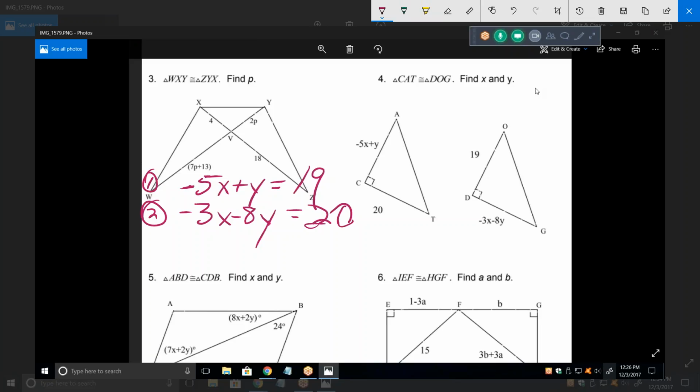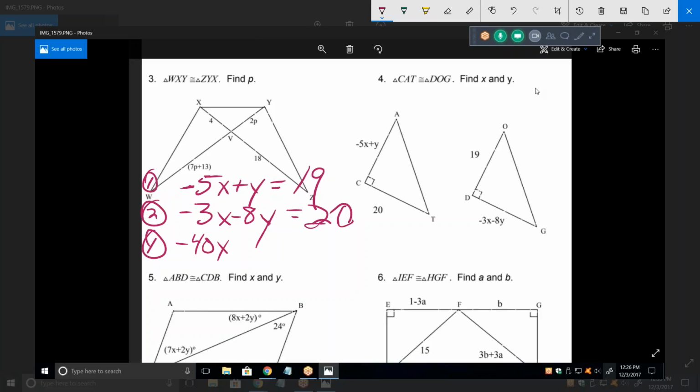Well, if we multiply equation 1 by 8, it becomes what? Multiply both sides by 8. You're always allowed to do anything you want to the left side as long as you do it to the right side.